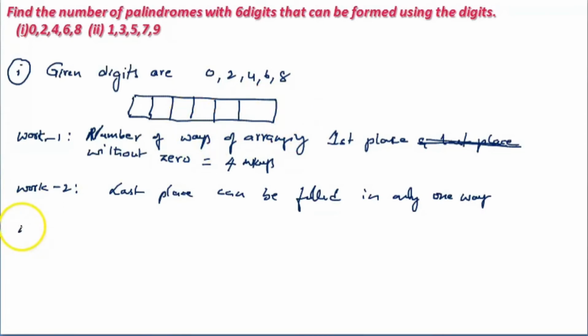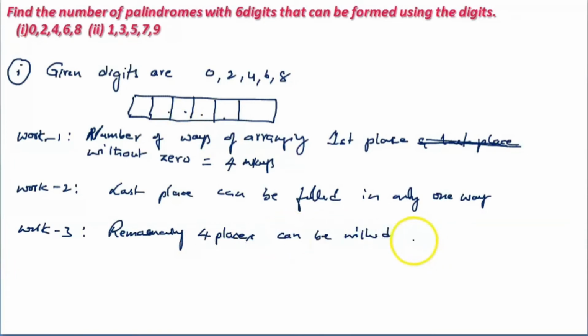So next, work three is the remaining places. The remaining 4 places can be filled with 0, 2, 4, 6, 8 to form a palindrome.